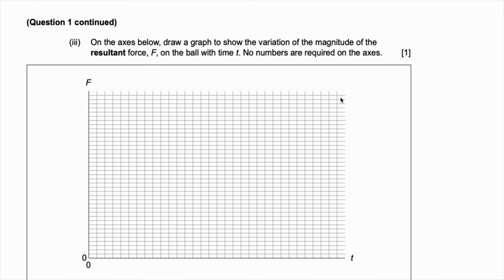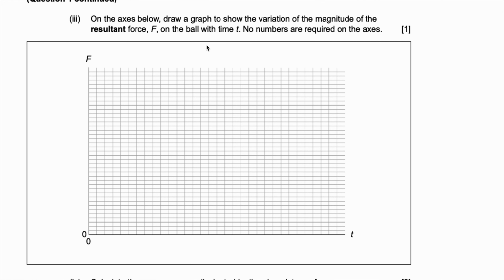Okay, question 1 continued. On the axis below, draw a graph to show the variations of the magnitude of the resultant force F on the ball with time t. Now, what exactly is the resultant force on this ball? You're going to have the weight, and you're going to have a resistive force. Let's forget about buoyancy in this case because it's not important.